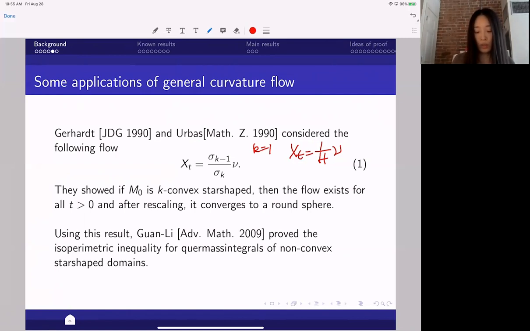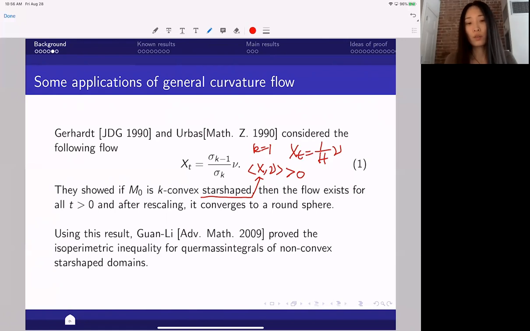And also the initial surface needs to be star-shaped, which means that x dot nu is greater than 0 everywhere, where x is the position vector and nu is the normal. If the initial surface satisfies these two conditions, then they proved that the flow exists for all time t greater than 0, and after rescaling, it converges to a round sphere.